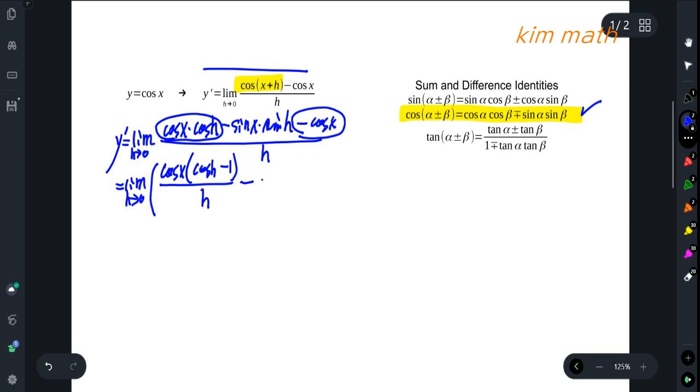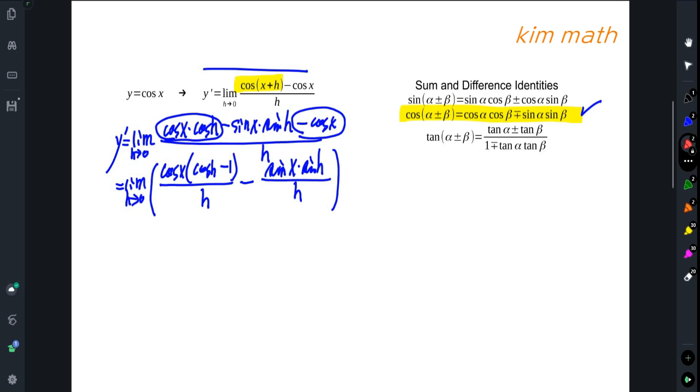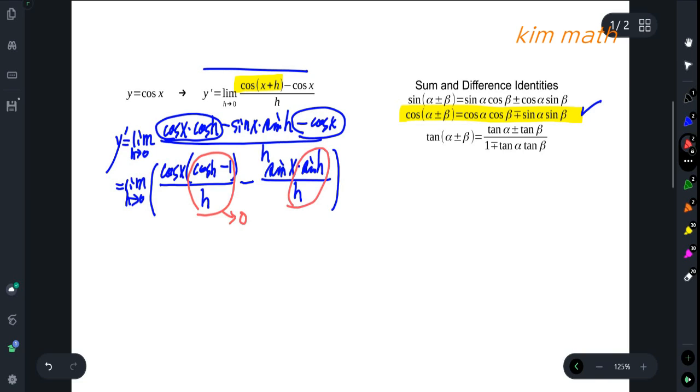Now the second part, sine x times sine h over h is okay. Now we have a very famous limit. As h approaches 0, cosine h minus 1 over h will approach 0, and sine h over h will approach 1.